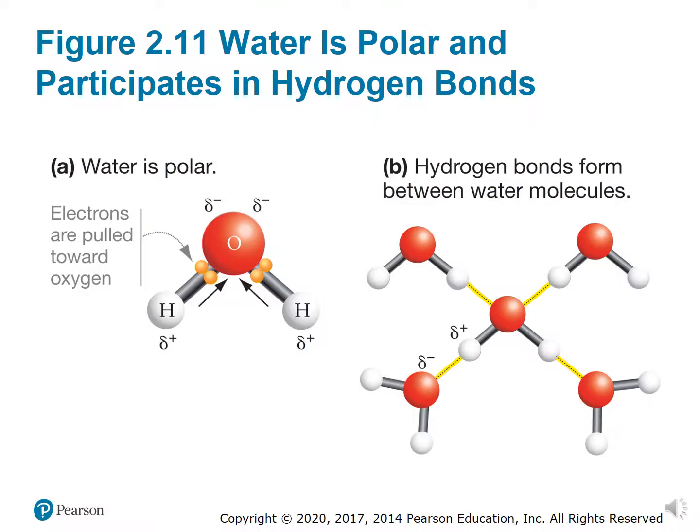So let's take a look at this. I love figure 2.11. First, it shows you that water is highly polar. Notice the oxygen side has a partial negative charge, and the hydrogen side has a partial positive charge. But what's a hydrogen bond? Excuse me, you can see this in part B. You can see the dotted lines highlighted in yellow.